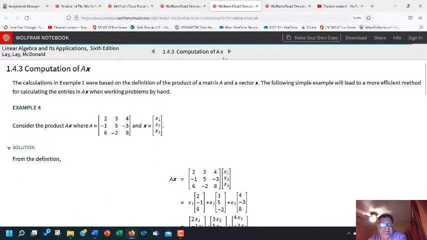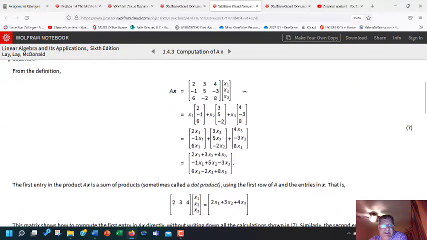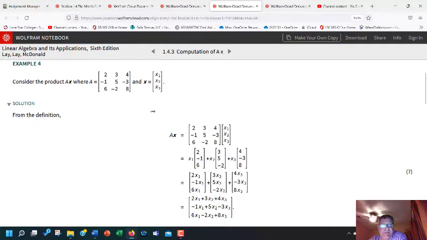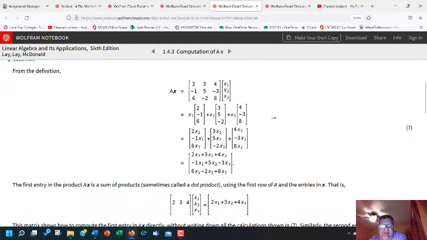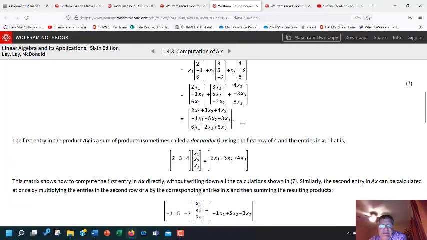So the computation of AX, we can see an example here that if we start with a system 2, 3, 4, minus 1, 5, minus 3, 6, 2, 8, notice how we compute that is we can actually multiply that through. So we have x1, x2, x3 multiplying through, and we get the system multiplied through here.